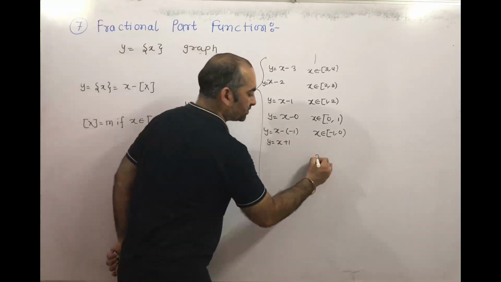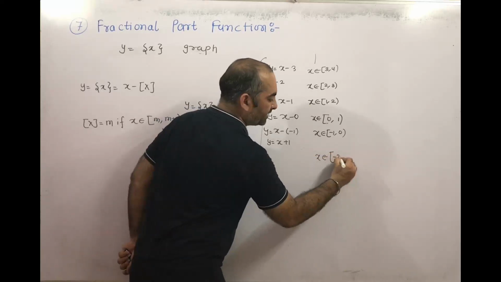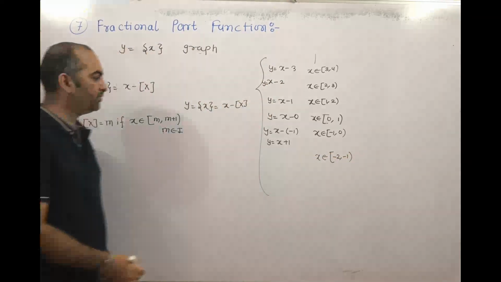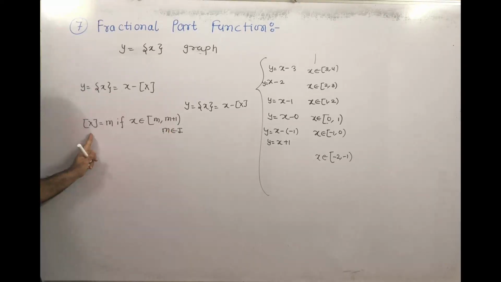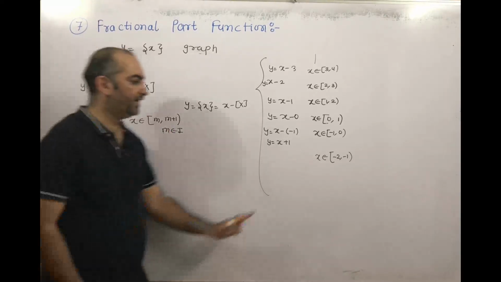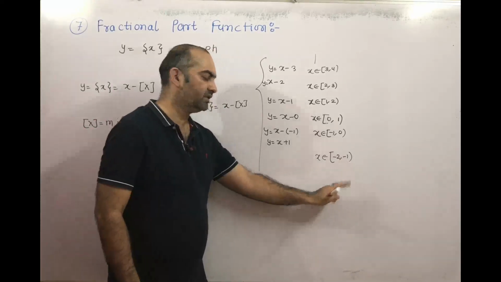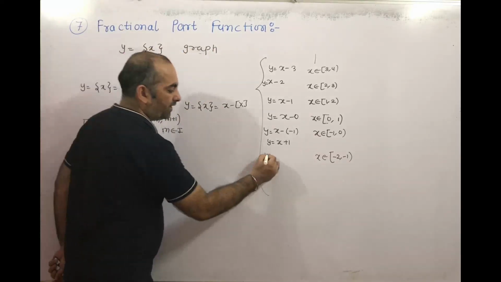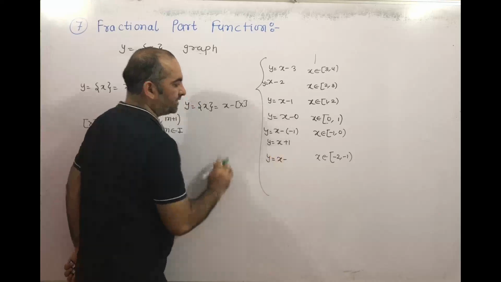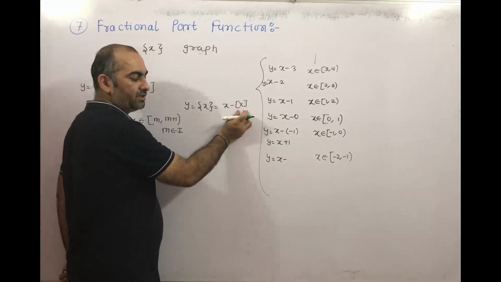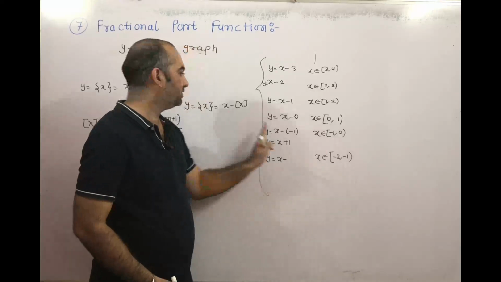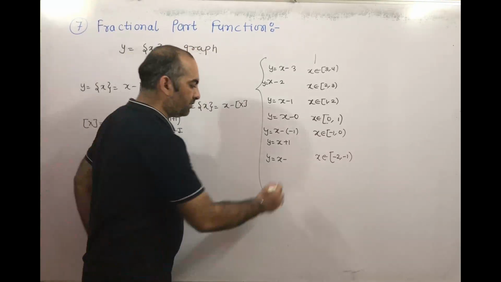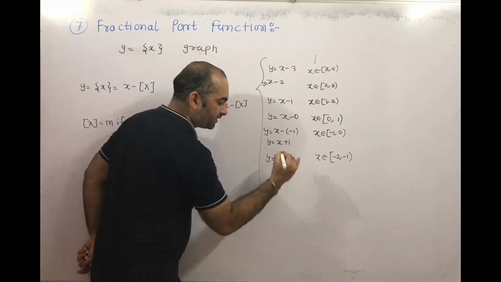If x belongs to minus 2 to minus 1, m is minus 2, the greatest integer of x is minus 2, so minus of minus 2 is plus 2. Clear?